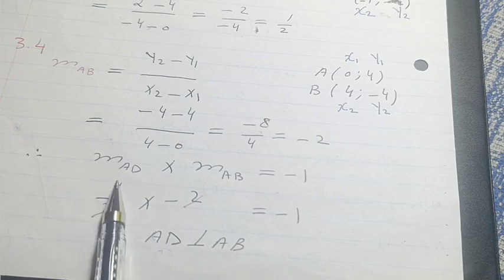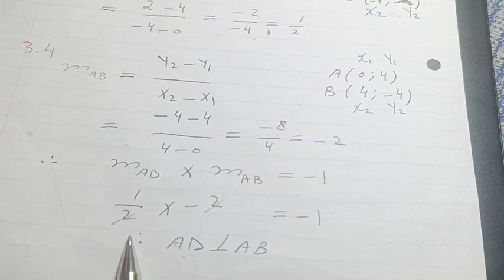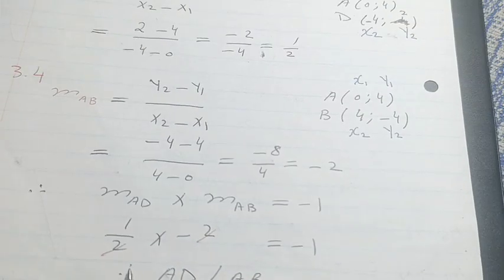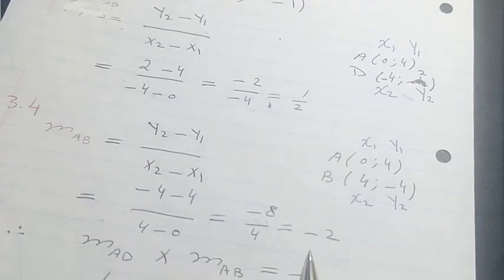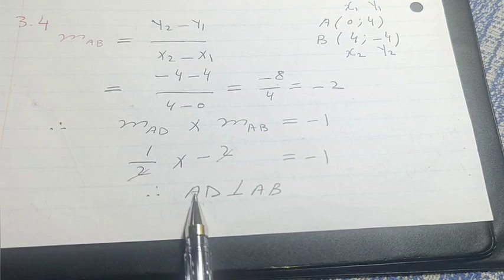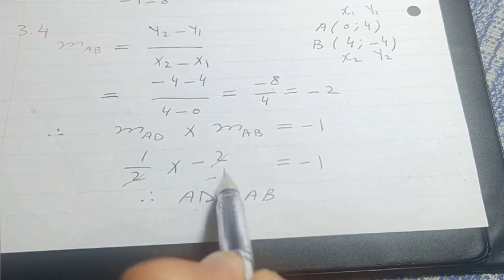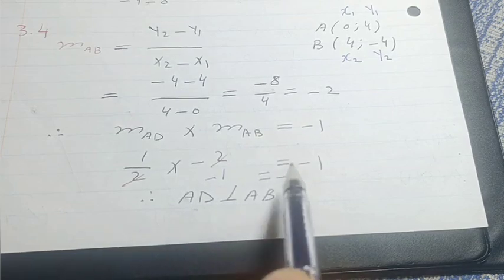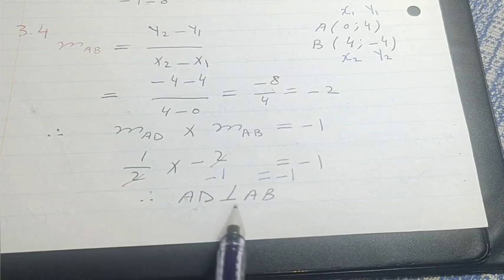The gradient of AD we found earlier is 1/2, and the gradient of AB is -2. Plugging into the formula, you can see it also comes to -1. See, -1 is equal to -1, which means therefore AD is perpendicular to AB.